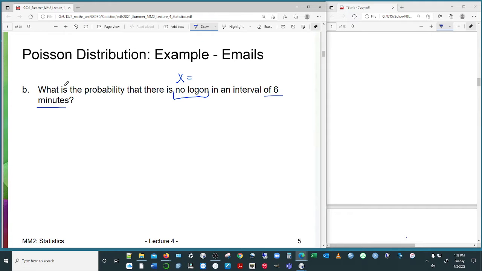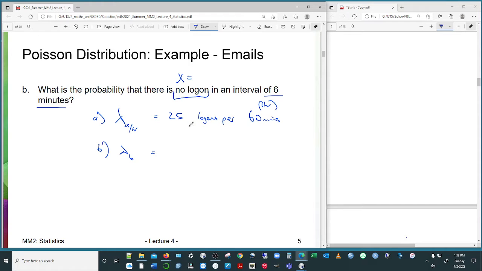In part A, we had a lambda which was 25 logons per hour. So 25 was the mean. That meant logons per 60 minutes, because that's an hour, isn't it? I've just changed it to minutes. For this question, they're saying the interval is 6 minutes, so we have to change that a little bit.